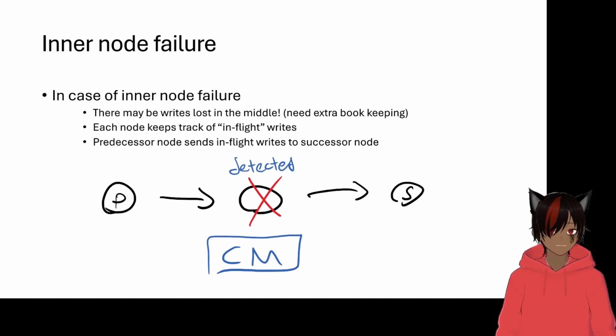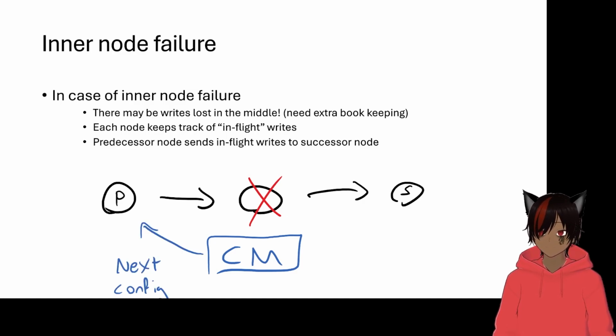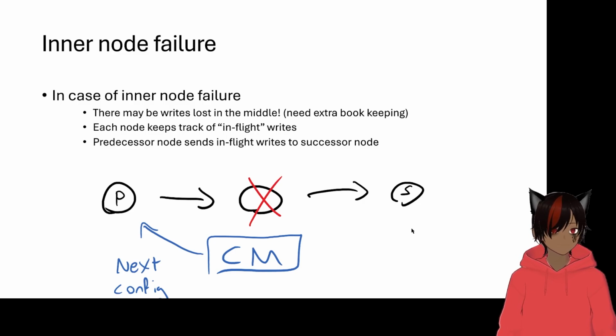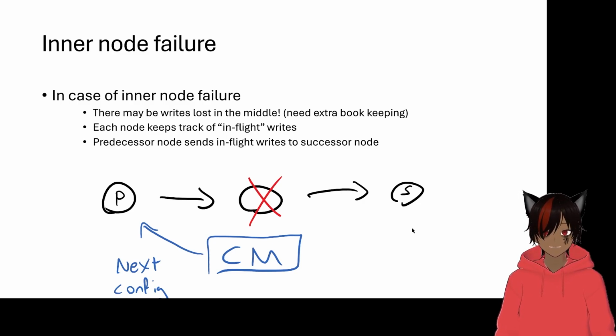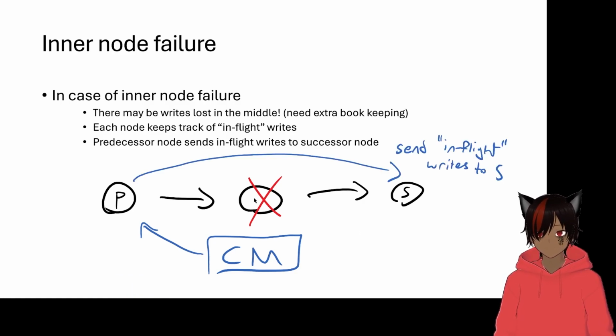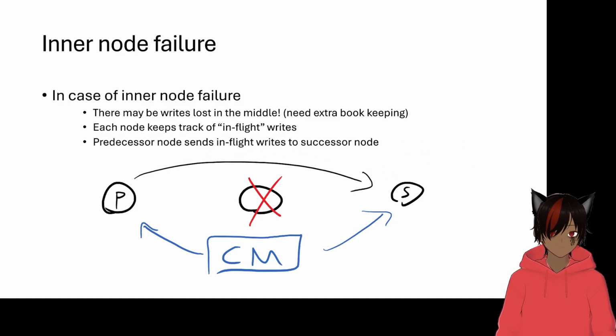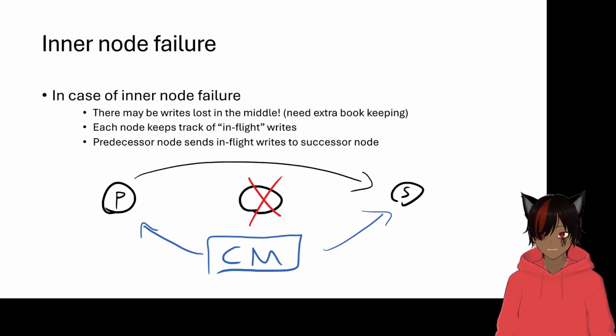We first send the next configuration to the predecessor. And the predecessor is like, oh, okay, now I know my new successor, not this node, but this node. And then it actually sends its in-flight writes to the successor. Because who knows, this node might have failed before it actually sent over those writes. And then the cluster management software finally says to the successor, hey, you've got a new predecessor, and the chain is complete again.